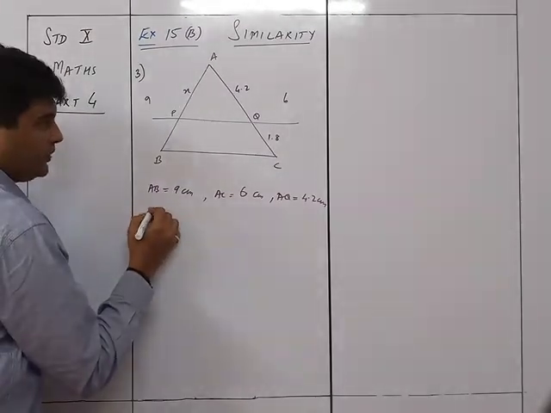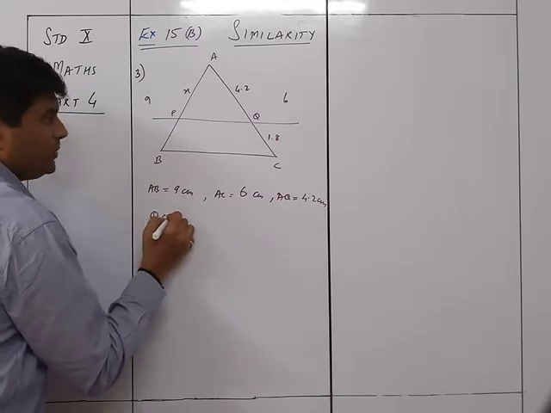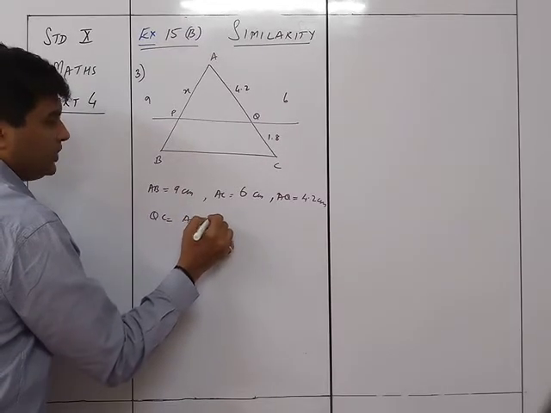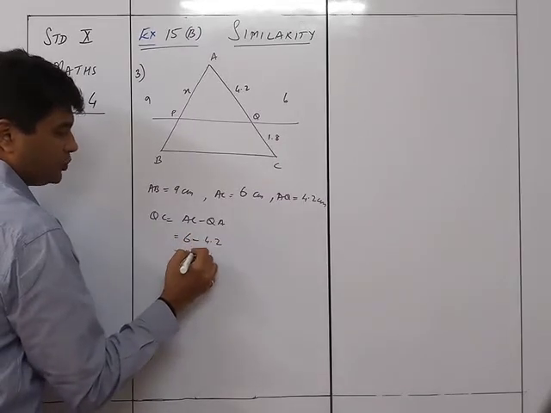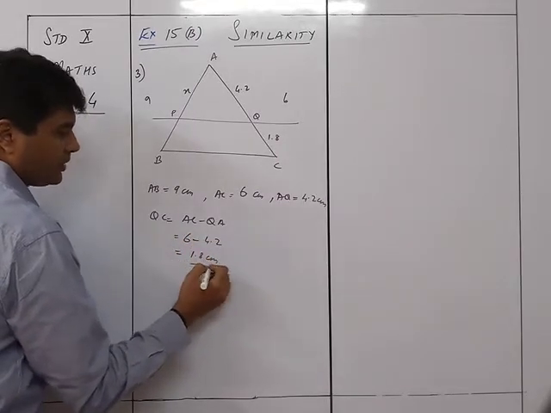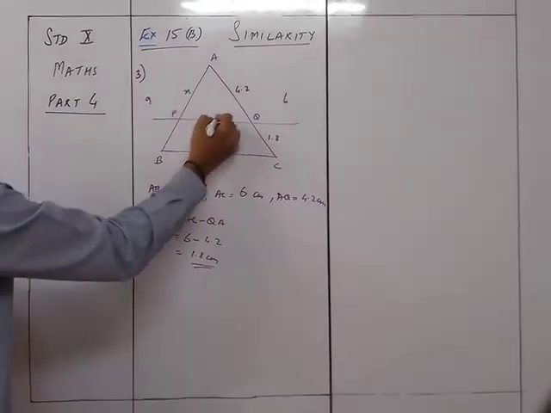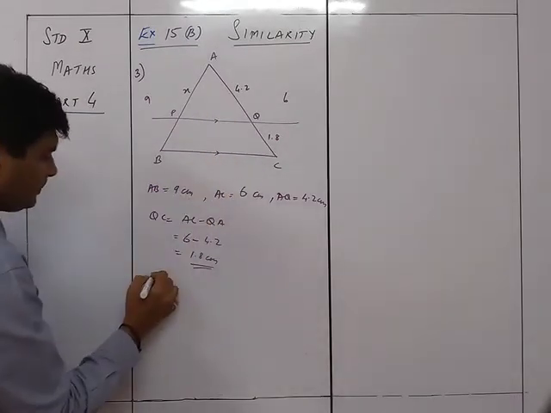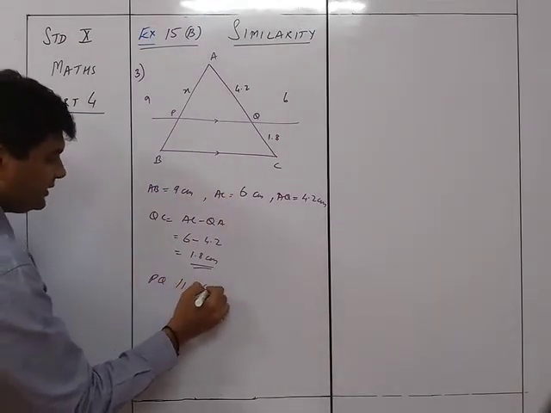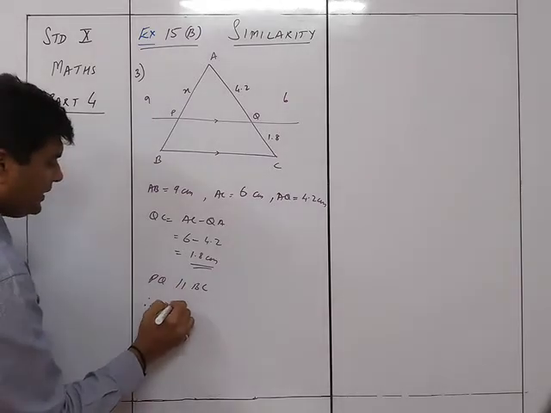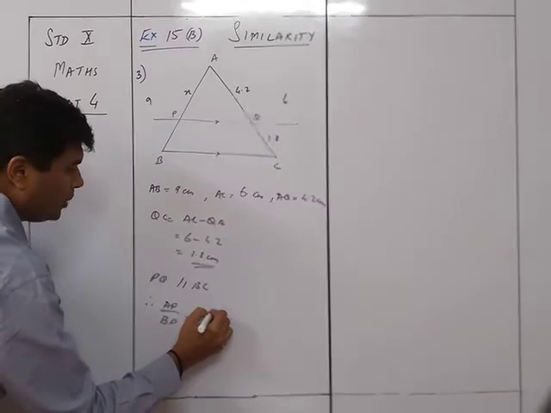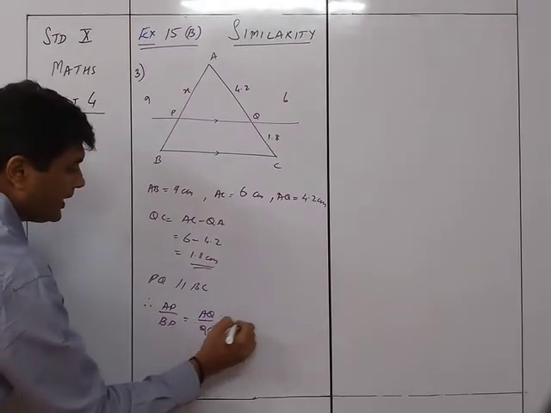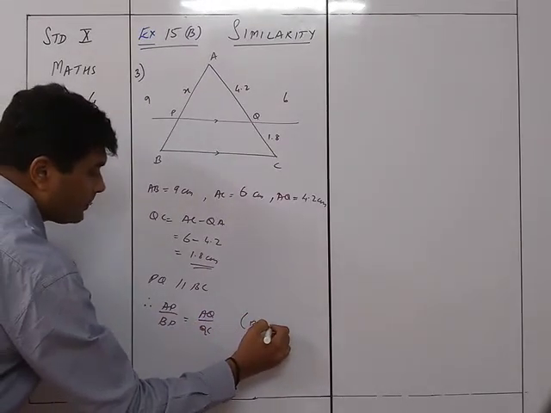So first of all, we know that QC will be equal to AC minus AQ, which is 6 minus 4.2, equals 1.8 centimeters. Now PQ is parallel to BC, therefore AP upon BP is equals to AQ upon QC by BPT.